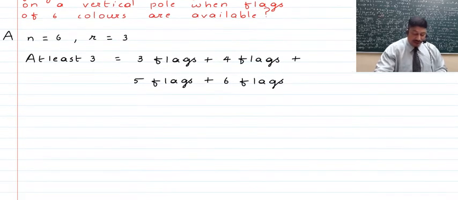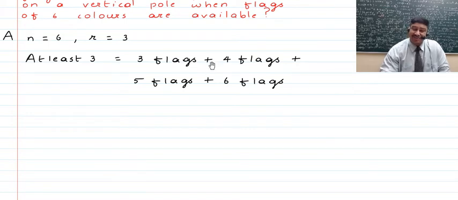Now when we talk about these cases, why is there a plus sign which has been used? Because these cases are not dependent on each other, or they are not related with each other. That means when we take 3 flags, it is nothing to do with when we take 4 flags, and when such is the case, we put up a plus sign, and this is contrary to the method of multiplication that we have, right?